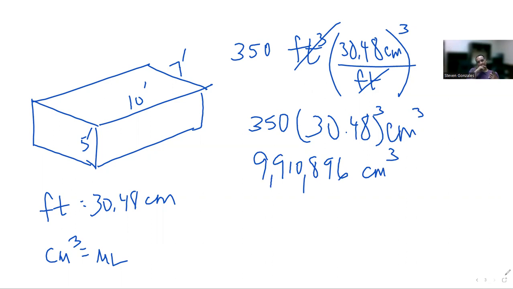Now, upon further review, let's say I wanted to convert that to liters. Like we were saying, this is also milliliters, so you could use this to figure out liters. It's not a terribly big number.